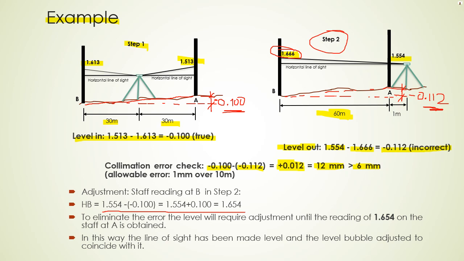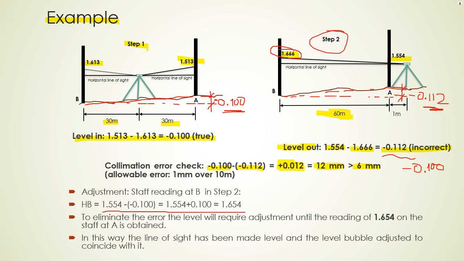Because you will have the same results in step 1 and step 2. So the height difference over here should be the same as in step number 1. So it should be minus 0.100 as well.